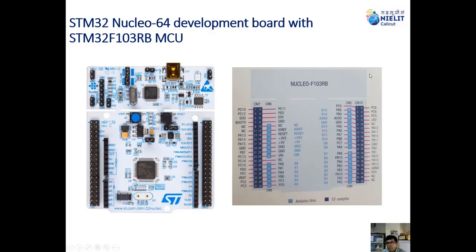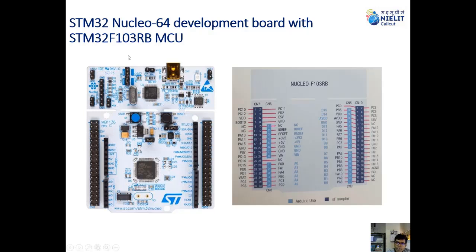This is the series which we will be using as part of our application, and its pinout is given. A detailed session targeting F103 will be taken separately, but as a development board we will be using the Nucleo 64, and a few peripherals are enabled. As I mentioned, we will be using Keil initially this week for simulation, and in the upcoming week we will be using the Cube IDE, so that you will be exploring experiments at the Keil side as well as the Cube IDE side.